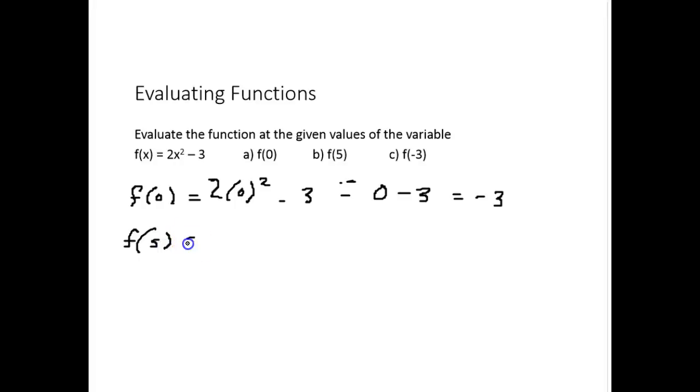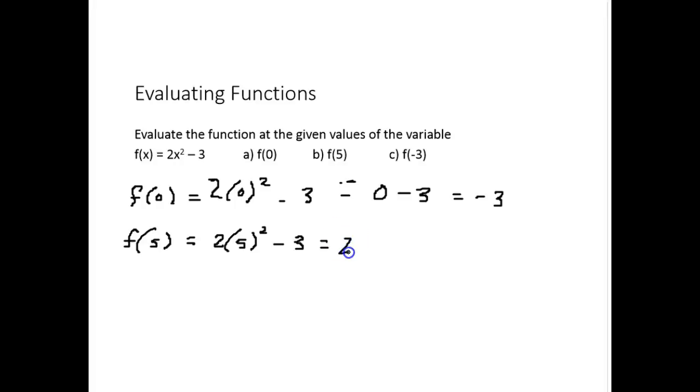F of 5 equals 2 times 5 squared minus 3. Remember now, PEMDAS: parentheses, exponents, multiplication and division at the same time, addition and subtraction at the same time.